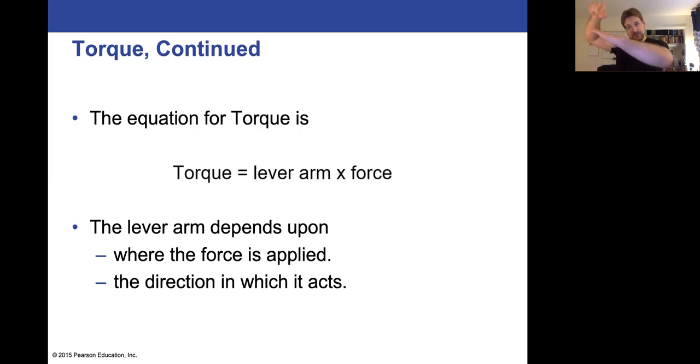If we push the right way on the lever, we get the most effect for our force. But if like I did with the door, if we push at an angle, even if we're applying right at the end, we're not going to get as much rotation because we didn't get as much torque.